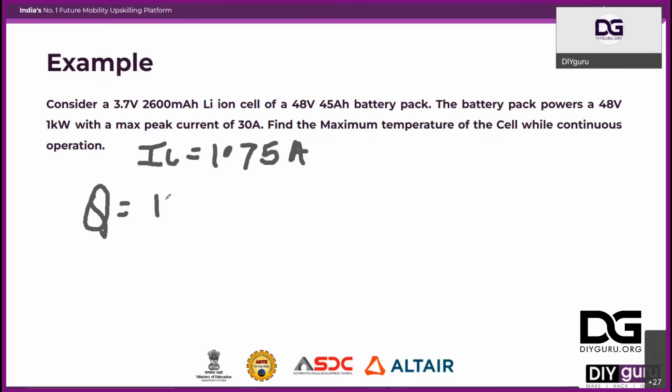So this is the current squared, 1.75 squared, into the internal resistance of these cells, which is around 45 milliohms, that is 10 to the power minus 3.